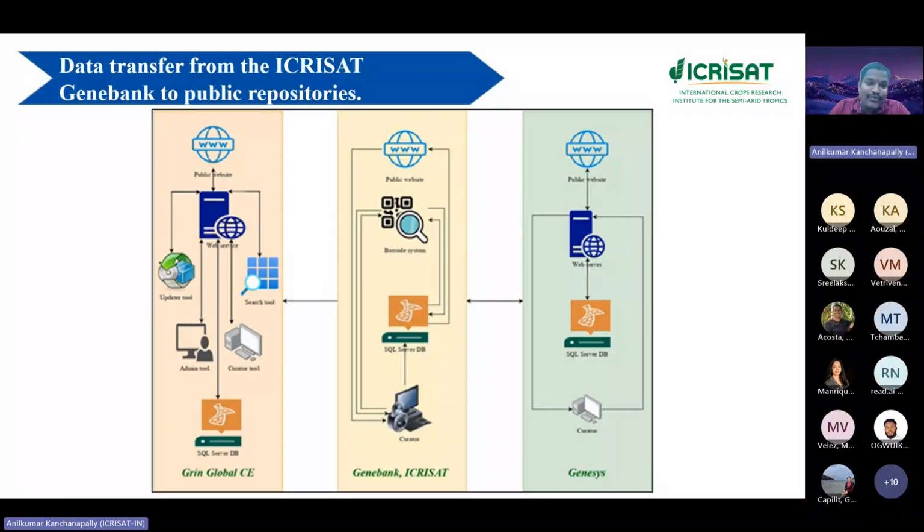Based on that data, we are updating the same data and information into Genesis as well as GRIN Global as well as GGCE also. So we can see the Genebank database as a bridge between all the public repositories.